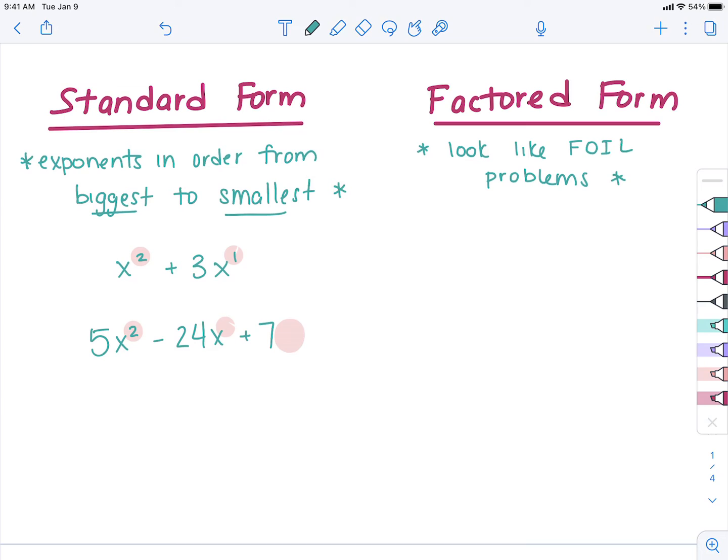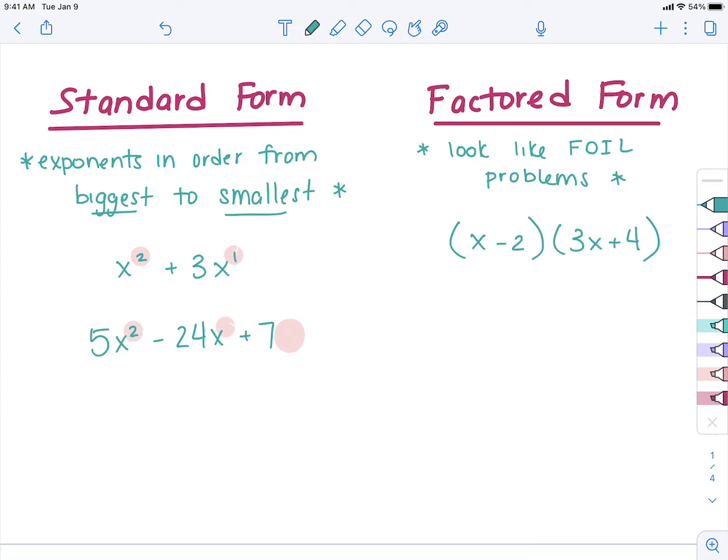So those are our problems that had the two sets of parentheses right next to each other. So things like x minus 2, 3x plus 4, right? Those things that we were foiling. So we're only going to be solving those things that we were foiling today, those things that multiply together.